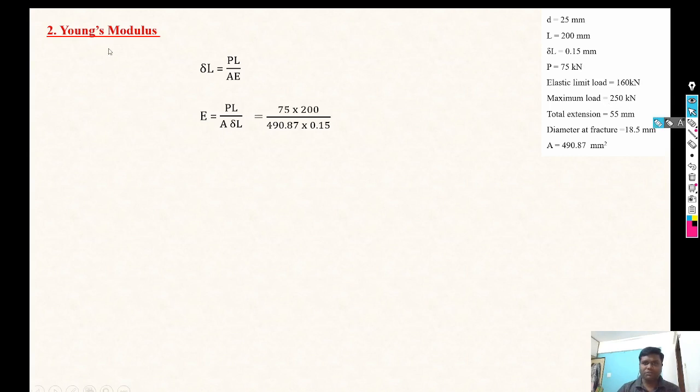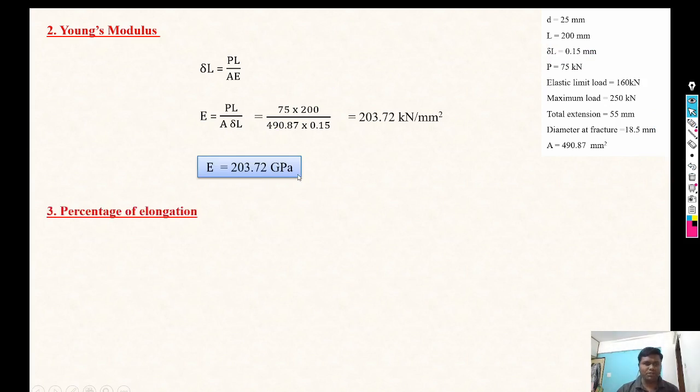Here we require Young's modulus, so we consider P, that is 75 kilonewton, L is 200, the area we have just calculated, and change in length is 0.15. Putting all the values, we get the modulus of elasticity, 203.72 gigapascal.